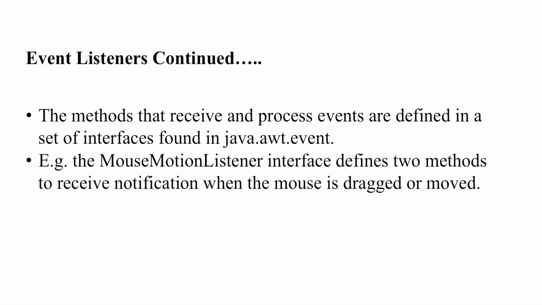Event listener: a few more points. Methods which receive and process the event are defined in a set of interfaces, and they are found in the java.awt.event package. Like the MouseMotionListener interface defines two methods, one for receiving notification when the mouse is dragged or moved.